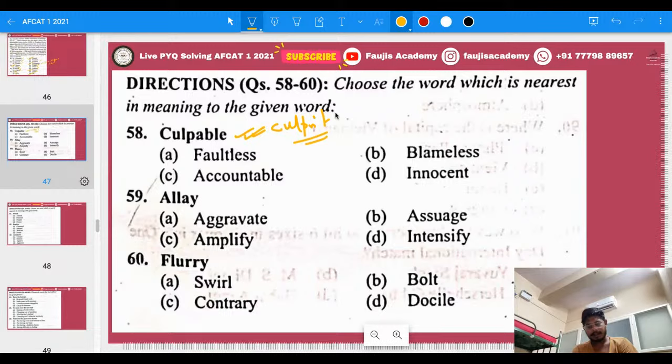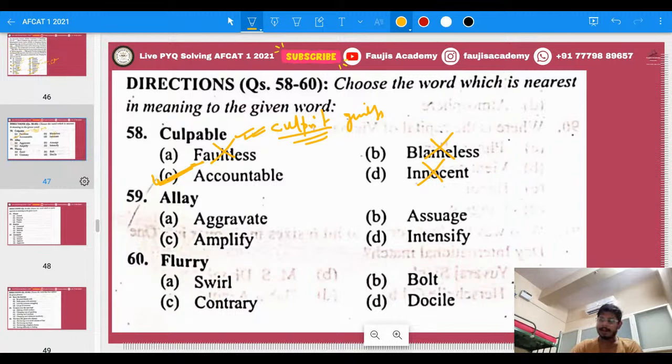Culpable means guilty. Culprits are guilty, right? They have made a mistake. So they are not blameless, not innocent, not faultless, they are accountable. You are accountable for your AFCAT results.